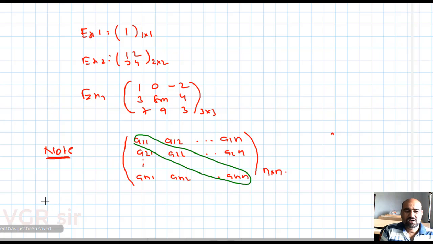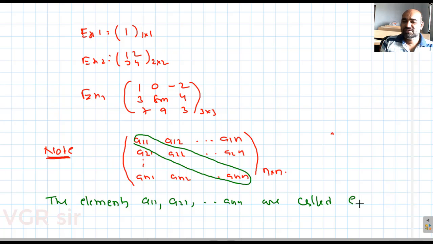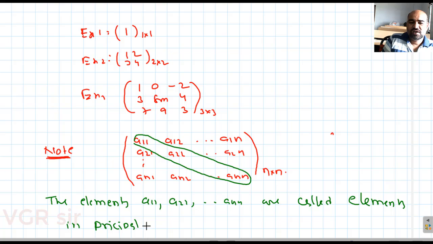I will write the elements A11, A22, and so on up to Ann, are called elements in the principal diagonal.